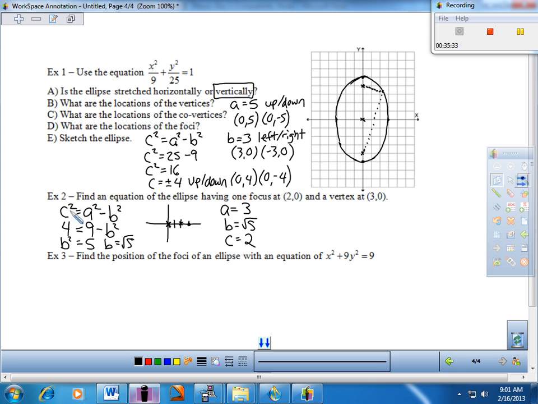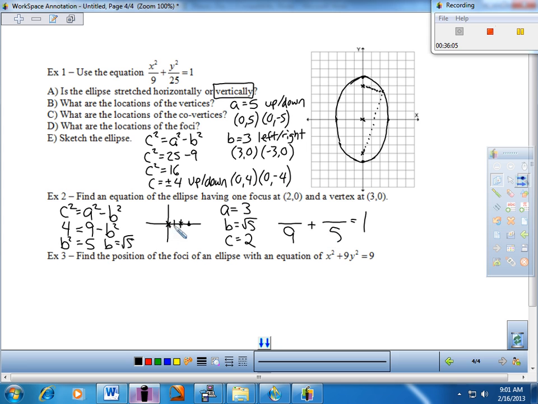So I just use this nice equation right here. It shouldn't scare us too much. Two fractions with a plus, set equal to 1. It doesn't matter the order. I know a lot of students like having the stretch out in front, but it doesn't matter. So a squared is 3 squared, which is 9. b squared we already determined was 5. Just remember, the larger number goes with the stretch.